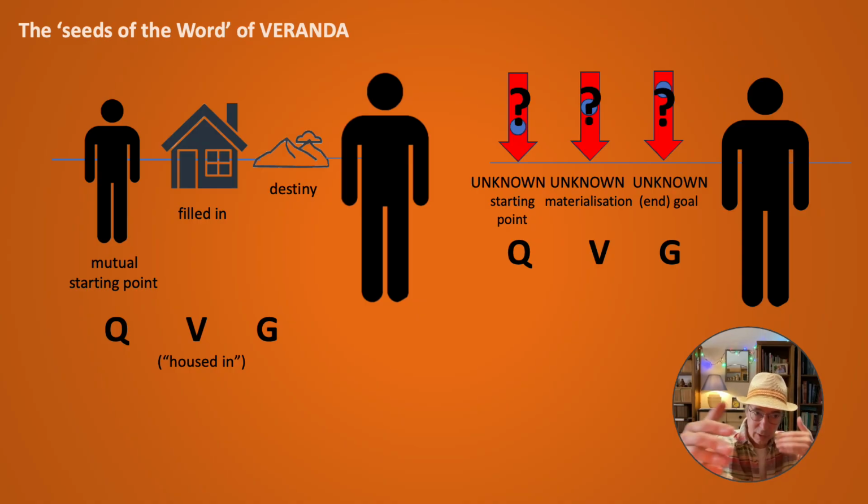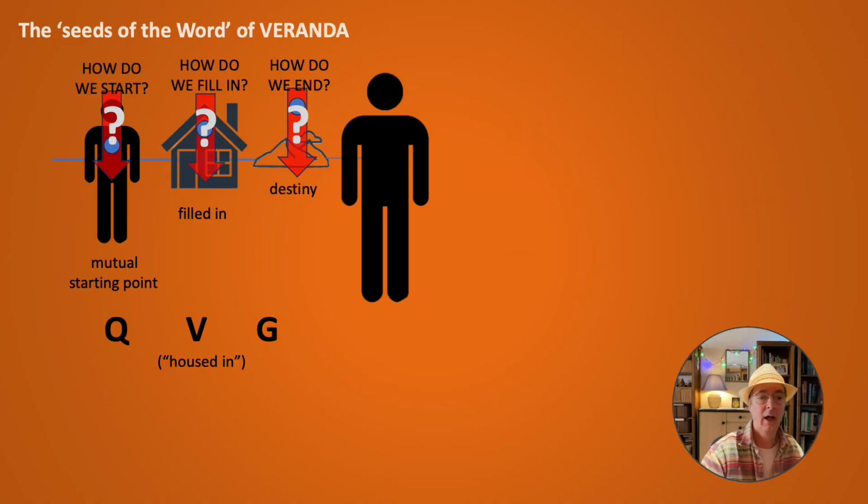So the three zones here, quite near, all far away, but into the three positions we can have the Q, V and the G. So basically these three letters are Q. How do we start? This is a question mark, so we don't know how to start. We have two different opinions, my opinion, your opinion, and we have to find a way how to start together.